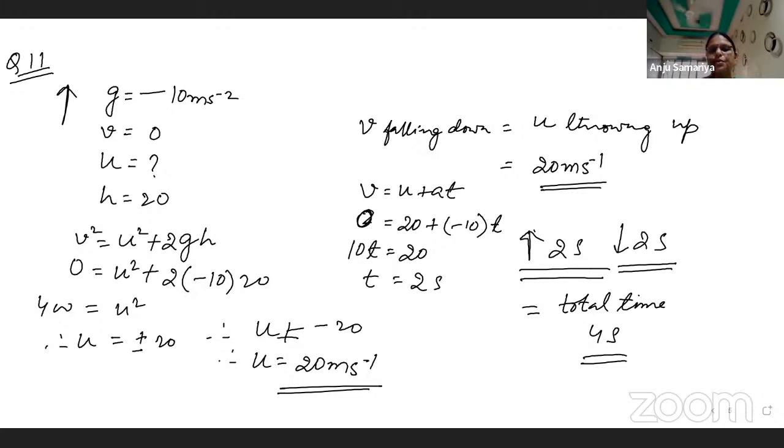Which formula will we use? Yes, ma'am, I will just tell you. V square is equal to U square plus 2GH. Ma'am, I think we used this formula in the last question, right? Yes. Send me the answer quickly.